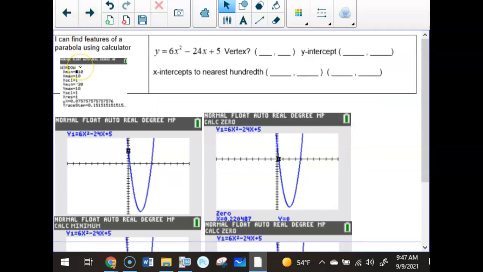All right, also a part of that is to use the calculator to find the vertex, the y-intercept, and the x-intercepts. Do we need to practice that? Yes? Okay, type this one in real fast. Y equals 6x squared minus 24x plus 5.